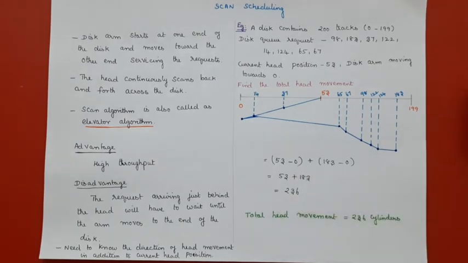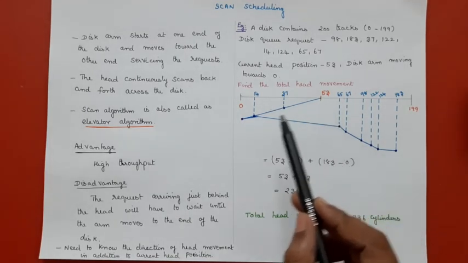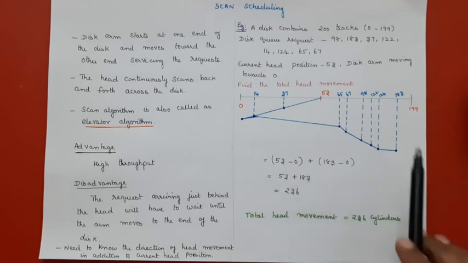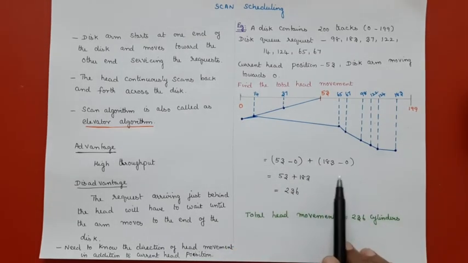Once this is done, we need to find the total head movement. I gave one way of calculation in my FCFS and SSTF video, and this is another way of calculating the total head movement. Here, it goes from 53 to 0, so 53 minus 0, plus it goes from 0 up to 183, so 183 minus 0.